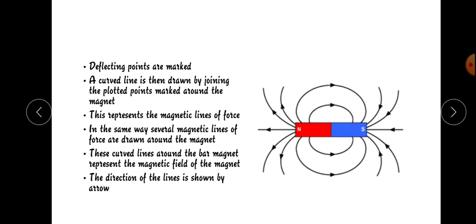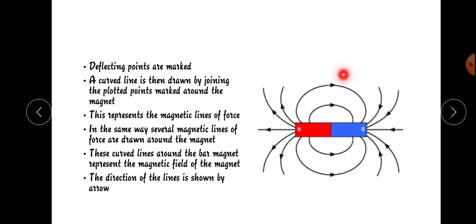This line represents the magnetic line of force. As we can see in the picture, the curved line is drawn by joining the plotted points. In the same way, several lines of force are drawn around the magnet.